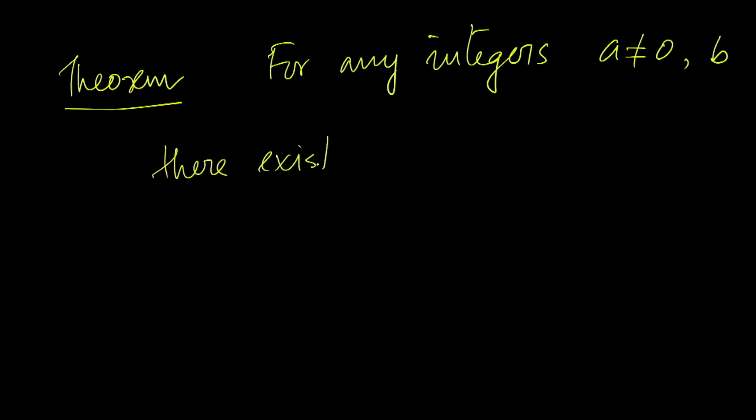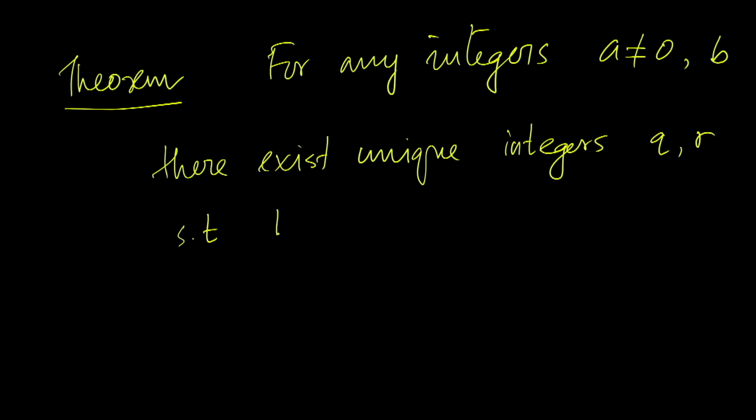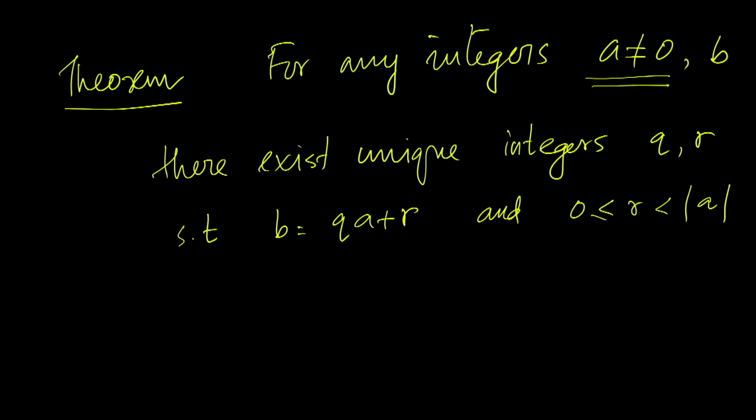There exist unique integers q and r, such that b is q a plus r and 0 less than or equal to r less than mod a. See, here we only say that a is not equal to 0. We do not assume that a greater than or equal to 0. So you can prove this theorem yourself.